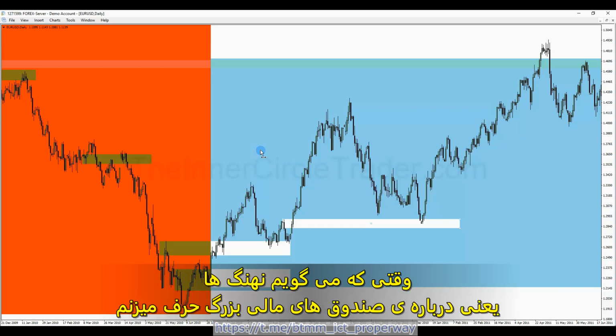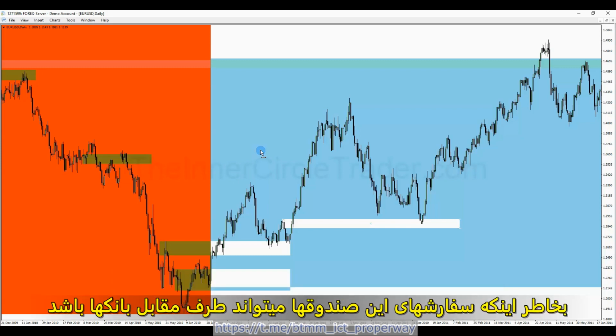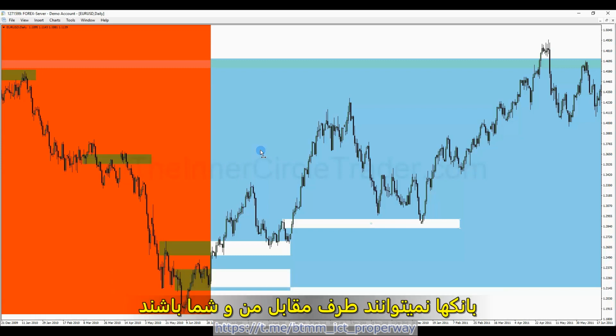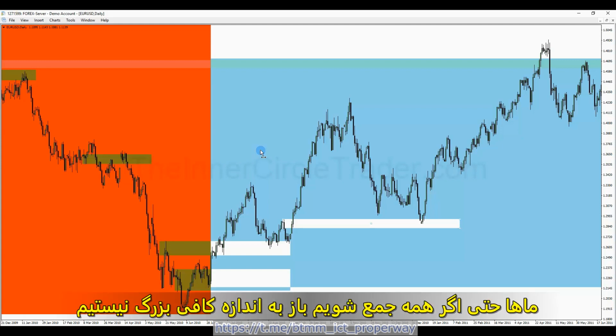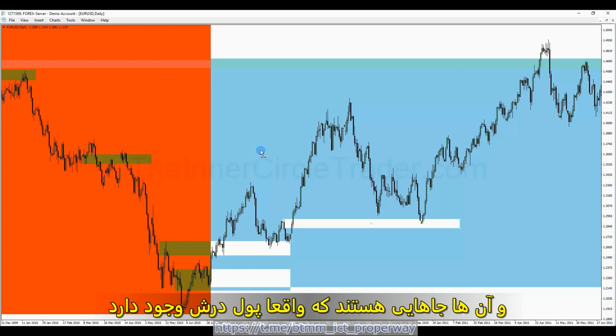When I say whales, I'm talking about big funds, large funds. And when they have money at risk, that's where the market's going to go, because that's orders that they can counterparty with. The banks cannot counterparty with you and I. We're just not big enough. Even collectively, we're not big enough. But the funds, because they're controlling billions and billions of dollars, that's where the money's at.